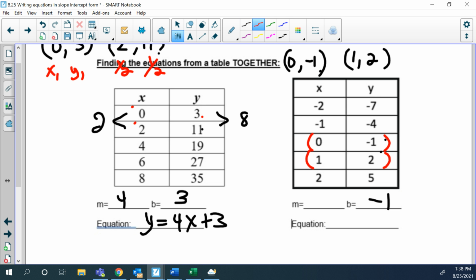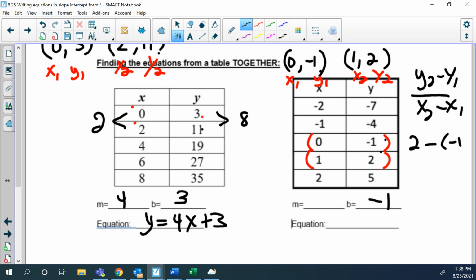So let's go with my x1, y1, my x2, y2. And remember, the formula is y2 minus y1 over x2 minus x1. And so my y2 is 2 minus my y1 is -1. So minus -1 over my x2 is 1 minus my x1 is 0.